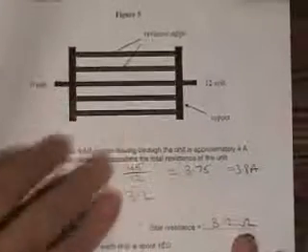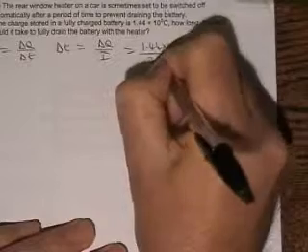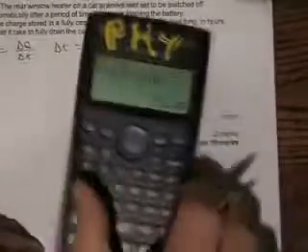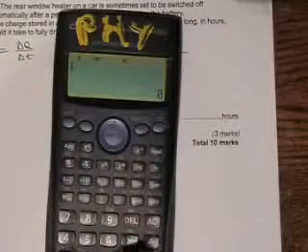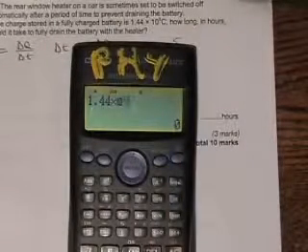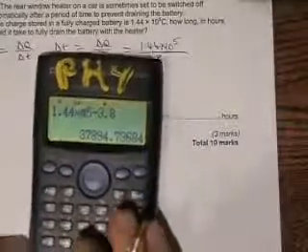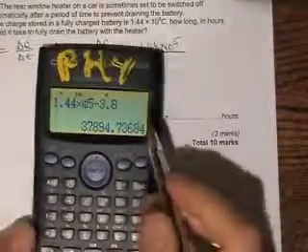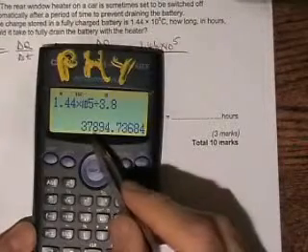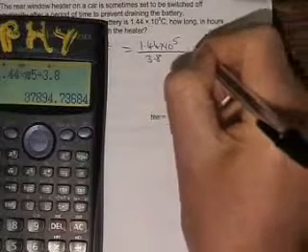Yep. Earlier we worked out that the total current in the circuit is 3.8 amps. So divide that by 3.8, 1.44 times 10 to the 5 divided by 3.8 comes out to 37,895 seconds. I'm not going to put all those figures down.